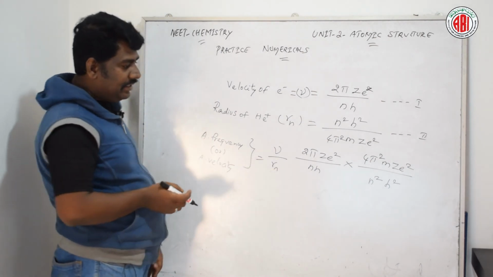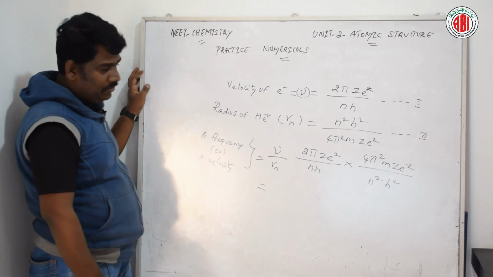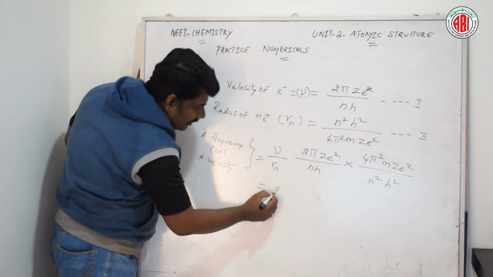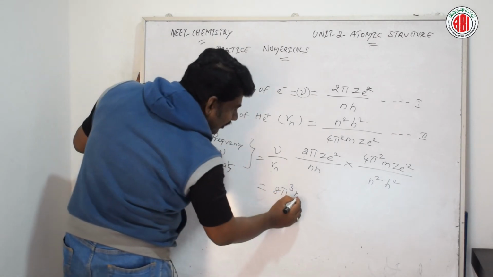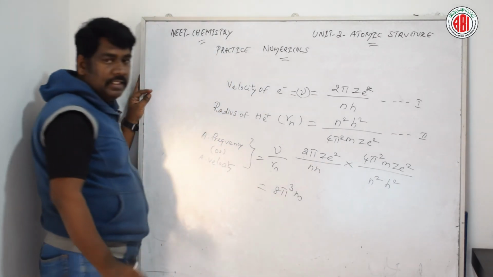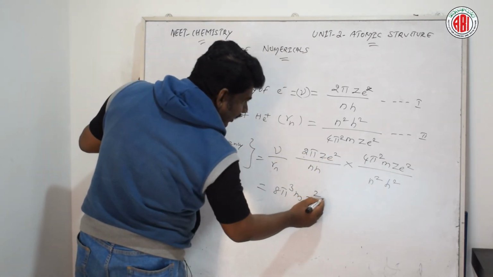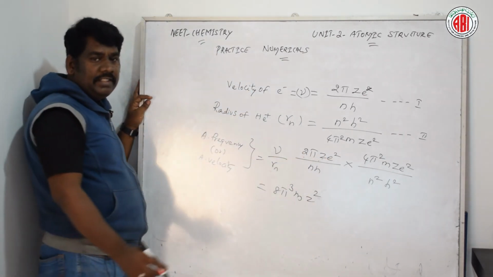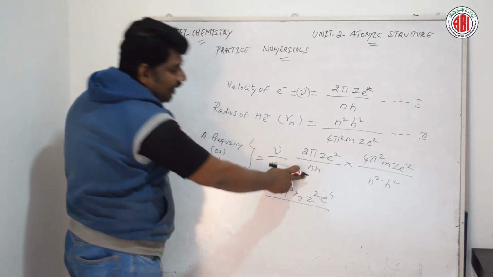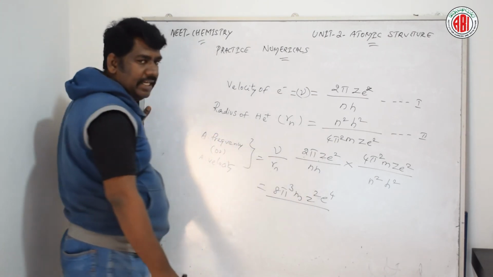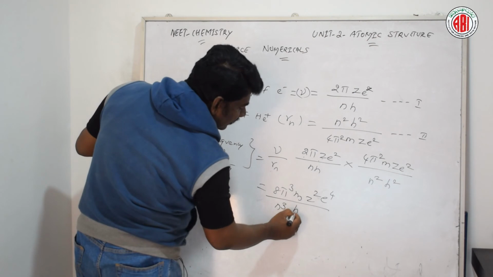Simplifying this, we get 8 pi cube m z square e to the power of 4 divided by n cube h cube.